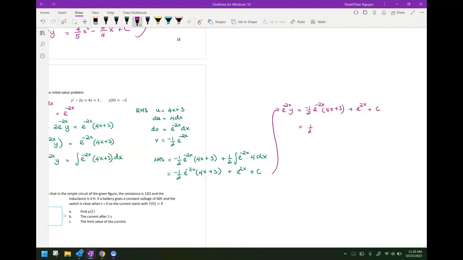So negative 1/2 times 4x plus 3 plus 1 plus c times e to the 2x. Okay, expand this out and simplify. Negative 2x minus 5 over 2 plus c times e to the 2x.